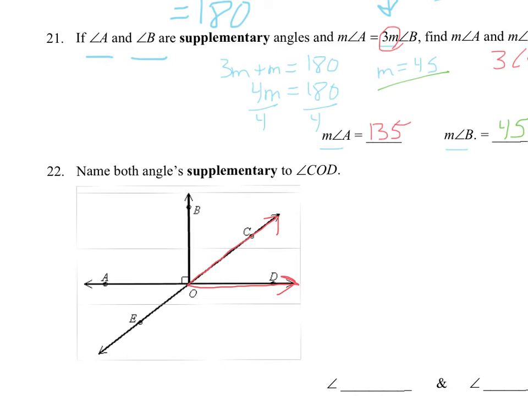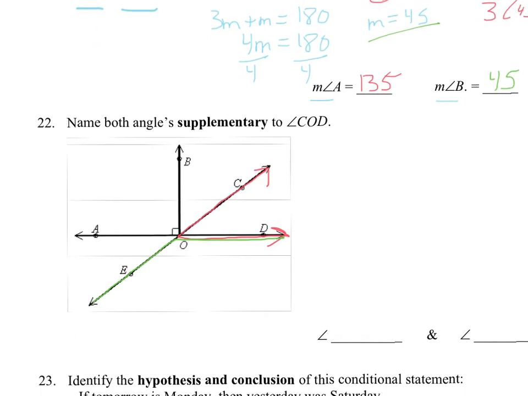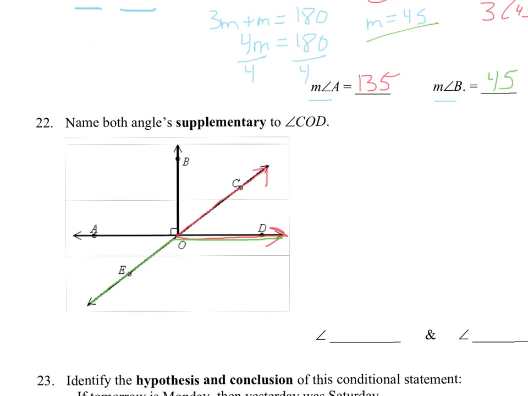If you'll notice, this would make a linear pair, so our angle here is going to be DOE. That would be my angle that would make this supplementary to COD. And my other angle would be AOC. That would also be supplementary to that red angle. Remember, they make a linear pair.